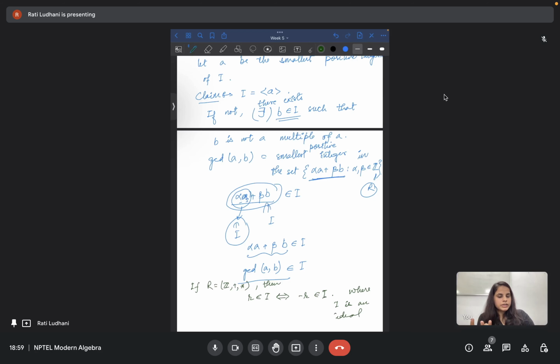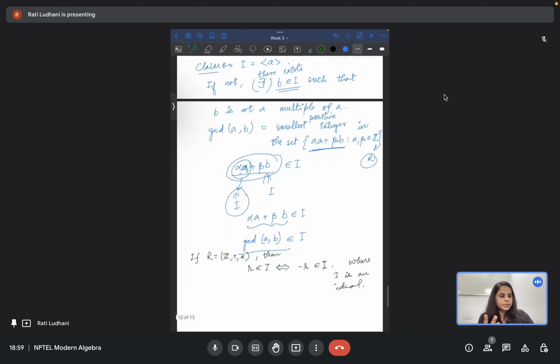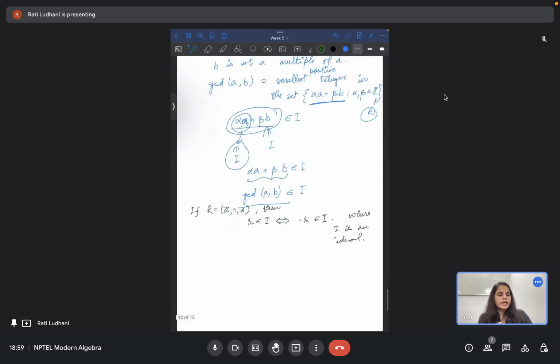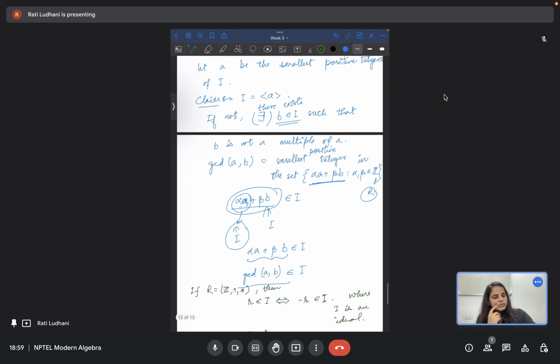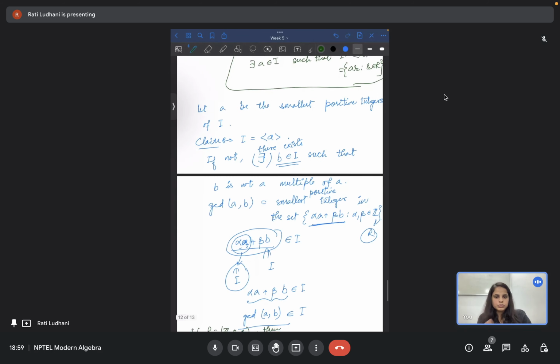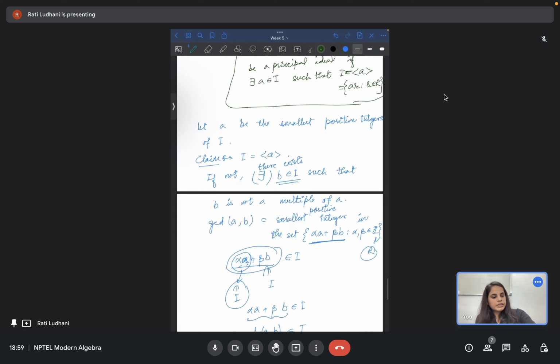So in an ideal you have two properties: the sum should be there, and if you multiply any element of the ideal by any element of the ring, you will be in your ideal itself. So r belongs to I, so minus 1 times r belongs to I, so you have minus r belongs to I.